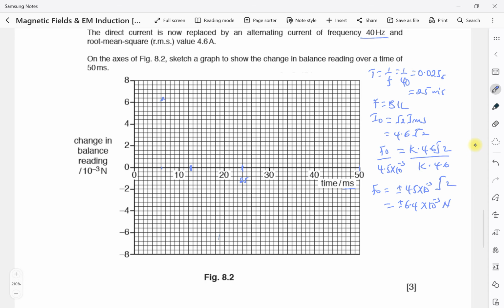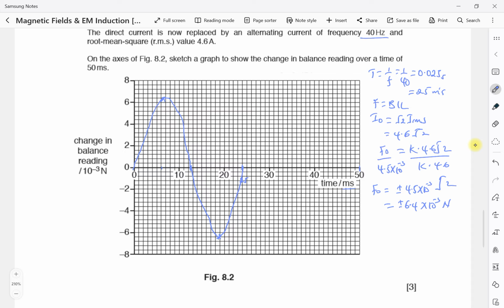And the scale on the vertical is 0.4. So 6.4 is one box. So that is going to be there. Of course, this is going to vary sinusoidally, just like the current. So this is going to be like this. It goes to 0. Then it goes to maximum at around this point here. Then back to 0. That is a full cycle.